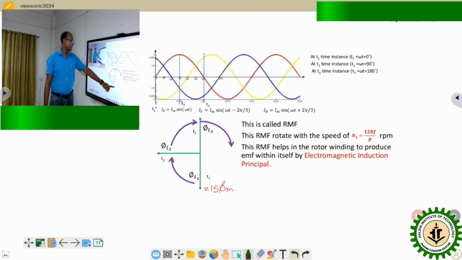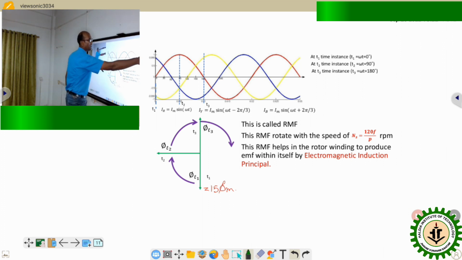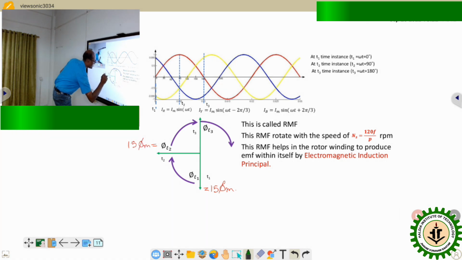Okay, downward direction. Phi t2, 90 degrees later, the direction of the resultant flux is again 1.5 times phi m, right to left.